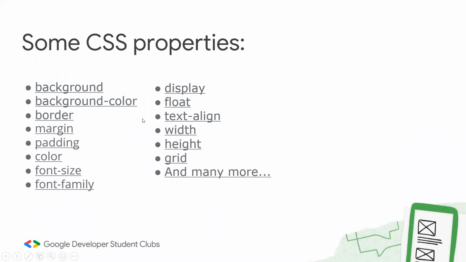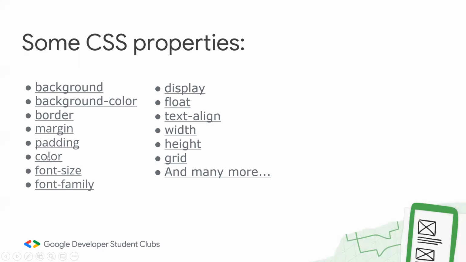Okay, so here are some CSS properties. CSS has a lot of properties, but these are just some of them, so you can have an idea. We've got background, background color, and border. Margin is for making space outside of the element's box, and padding is for making space inside of the box.